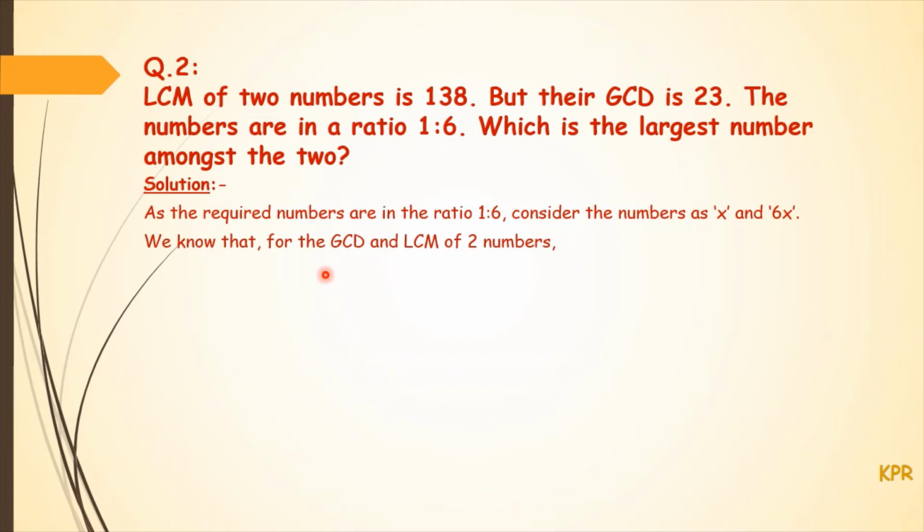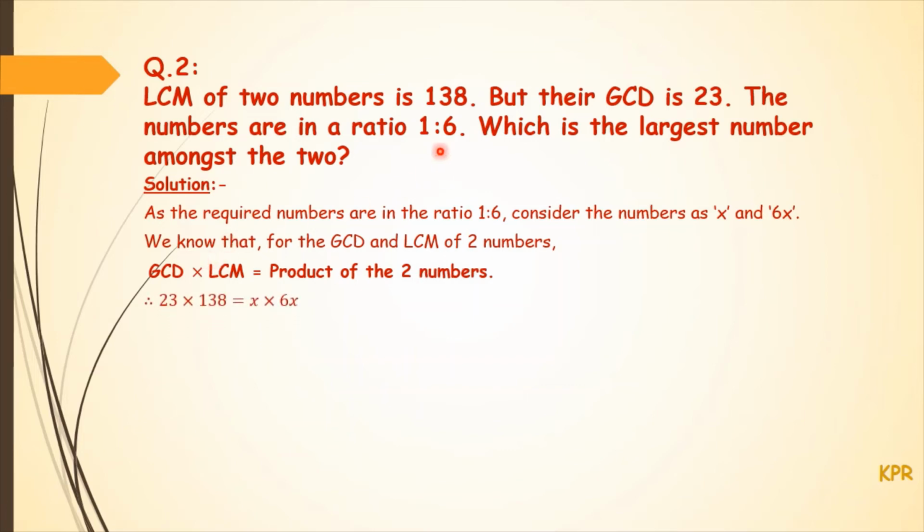We know that for the GCD and LCM of two numbers, GCD into LCM is equal to the product of the two numbers. This formula is applicable only for the GCD and LCM of two numbers.